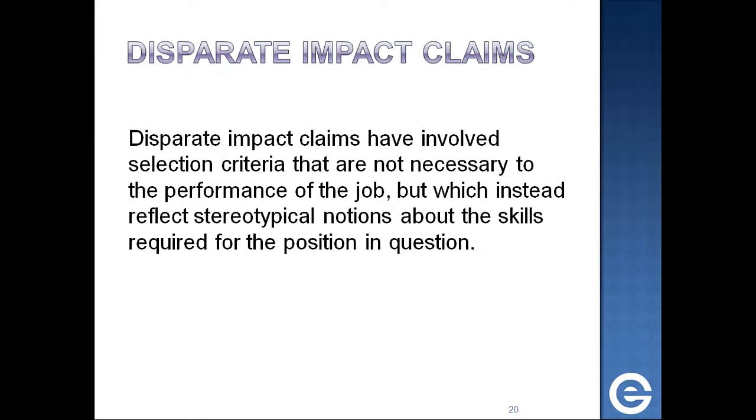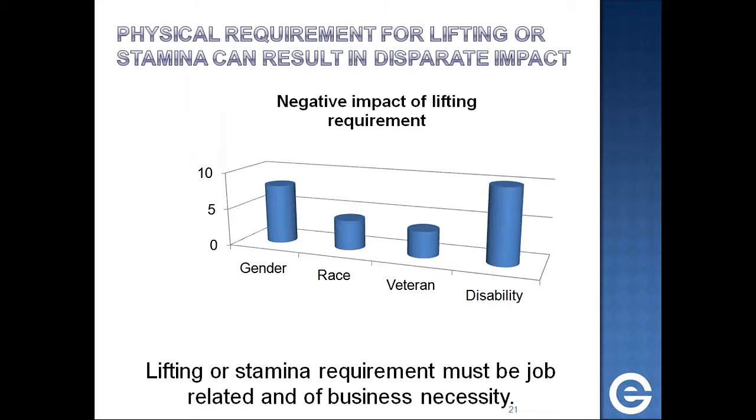cases where there are facts behind the termination that do not involve performance. In this case, this can be a physical requirement for lifting or stamina. This can impact gender and disability at a higher rate. So you want to make sure that your requirements for lifting or stamina are job-related and of business necessity.